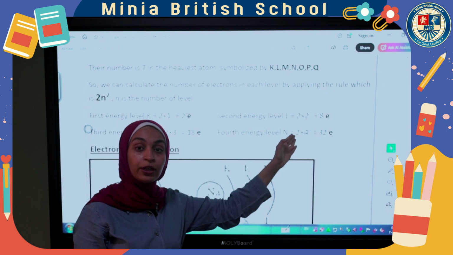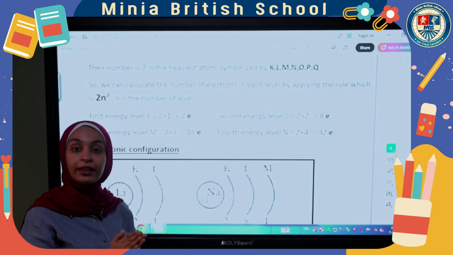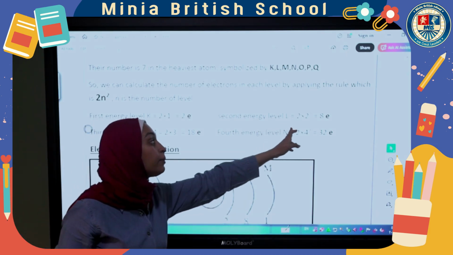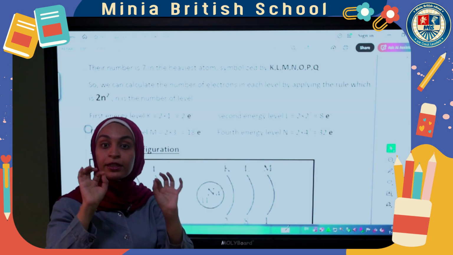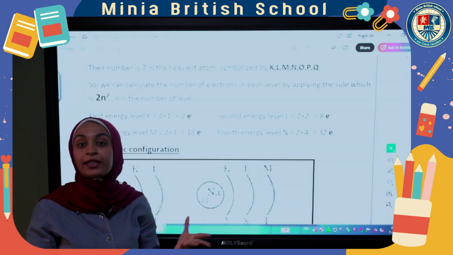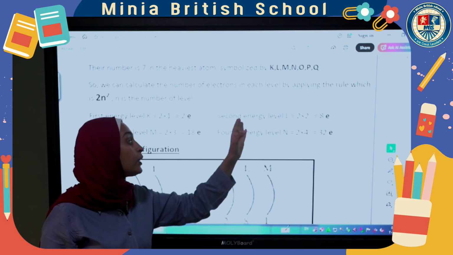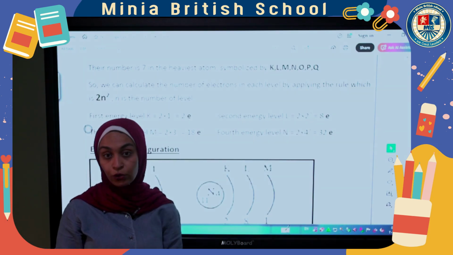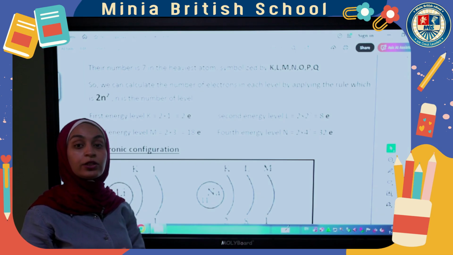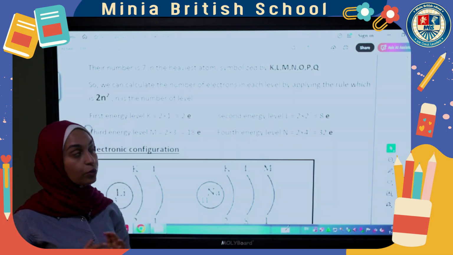What about L? L is the second level, so 2 times 2^2, which equals 8 electrons. So the L level is saturated with 8 electrons.